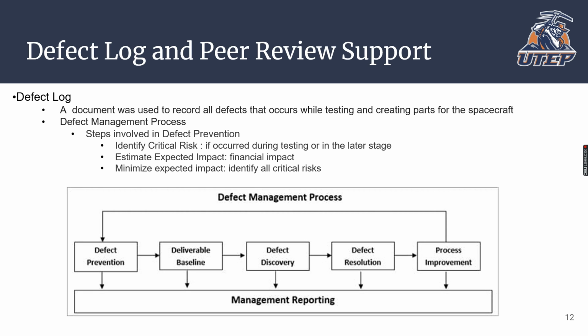The process includes defect prevention, the deliverable baseline, defect discovery, defect resolution, process improvement, and the management process. We have a flow showing the reporting level from start to finish, and how the reporting and documentation process would be when recording the logs.